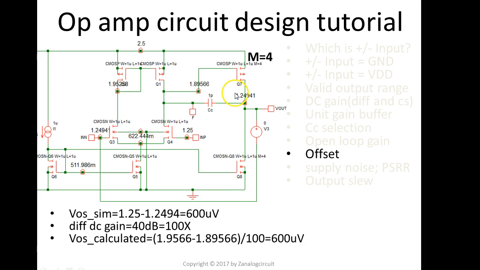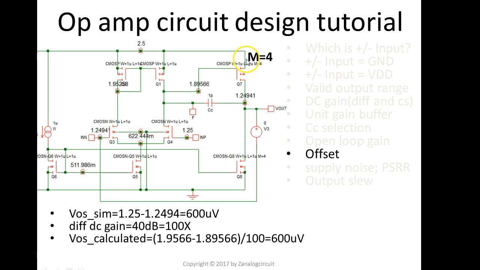It turns out that since now, instead of using M equal to 8, we're using M equal to 4, but this guy is still sinking 4x of the tail current, in order for this device to provide the same amount of current to keep this node somewhere in the middle rail, the whole loop is trying to keep this output voltage as close to 1.25 volts as possible.